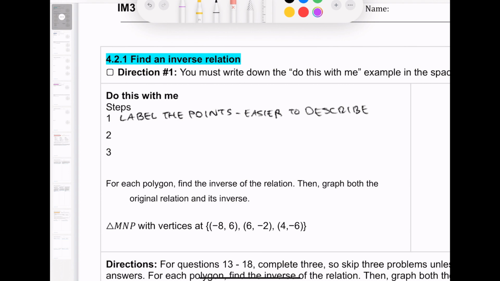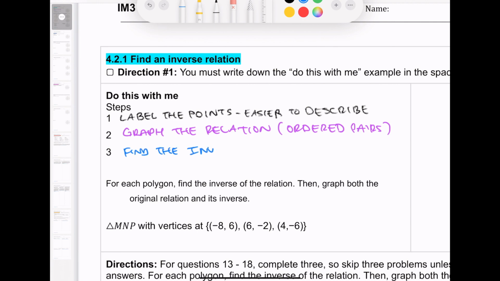Number 2, graph the relation. Graph the ordered pairs. That's what a relation is. And lastly, find the inverse.